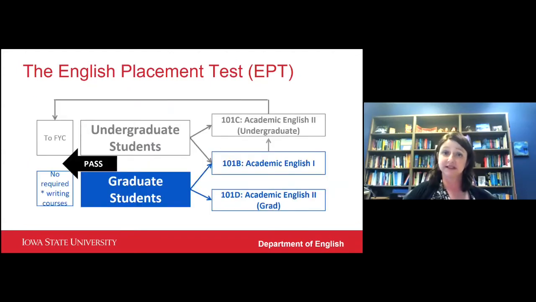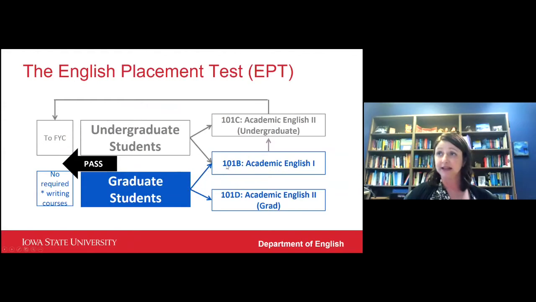And this is a schematic of the decisions that come from within this context. Now, I'm going to focus on the parts in blue, which is for graduate students, because those are the results that we're going to look at today. So graduate students produce their two essays, the essays are rated, and then there are three possible decisions.